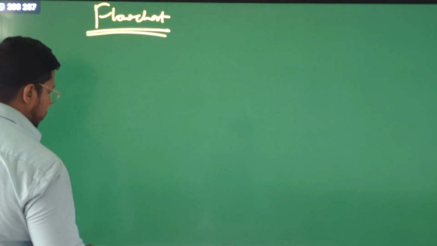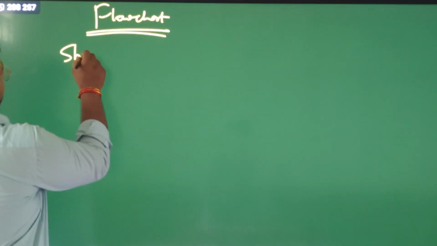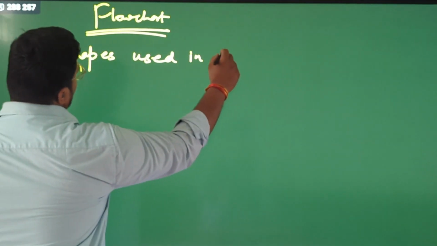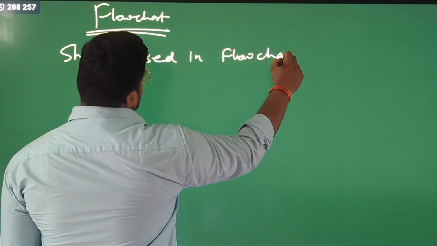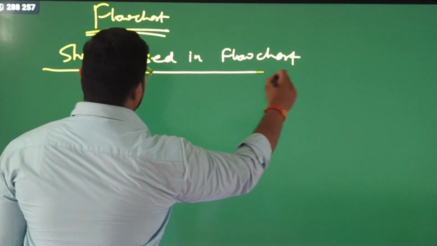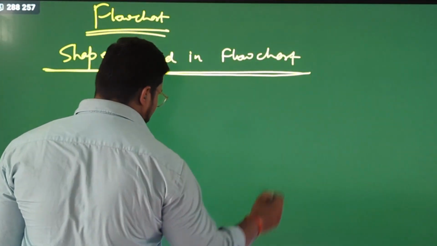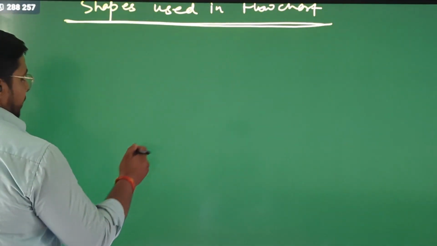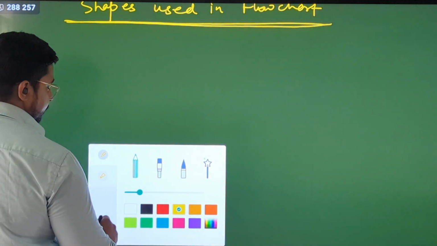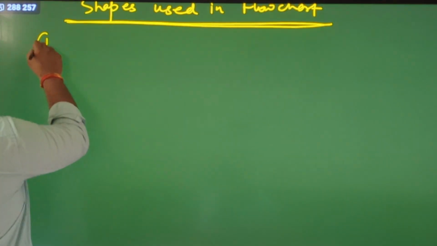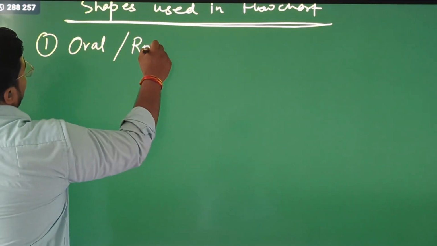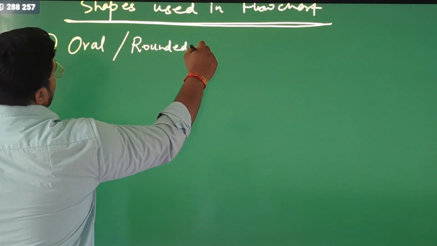First of all, revise. You also revise the shapes used in a flowchart. What are the shapes? Number one, the shape used in a flowchart is the oval or rounded rectangle.